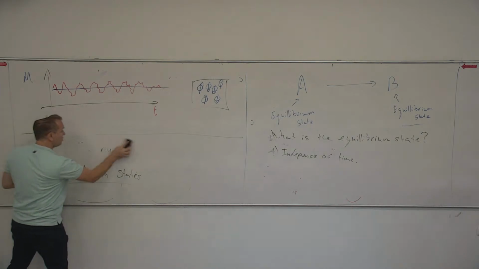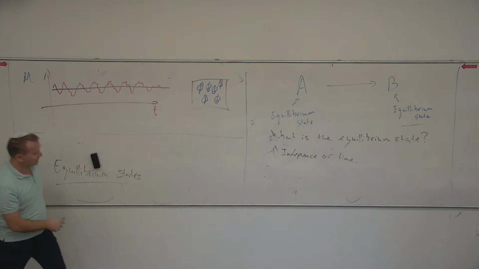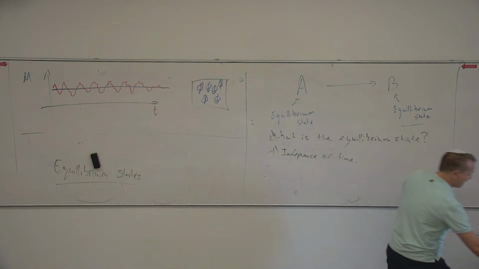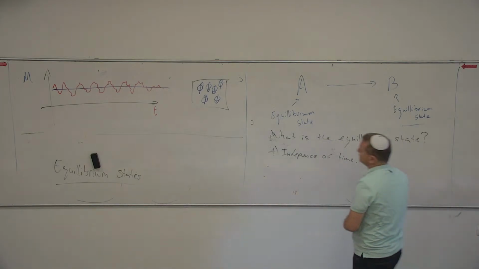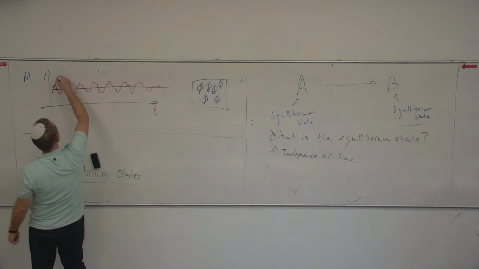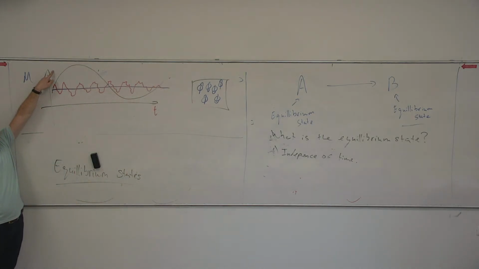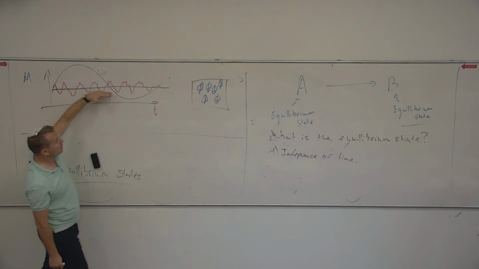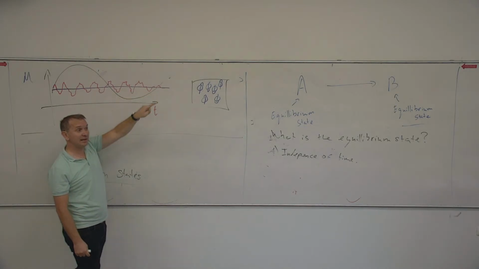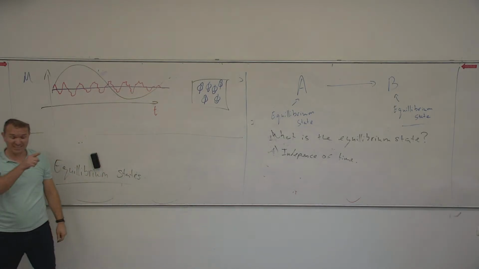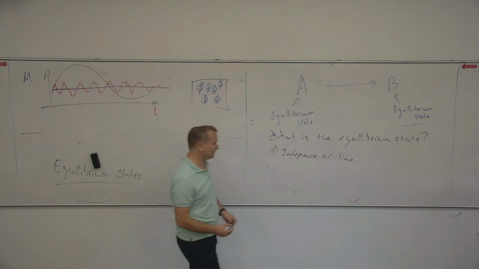So I could maybe obtain some result where the average value itself will do something like that, right? This is not an equilibrium state because it depends on time. But if on average, over all the different spins, the average value is constant, then I can say it's independent of time. So statistically, this is the right answer.